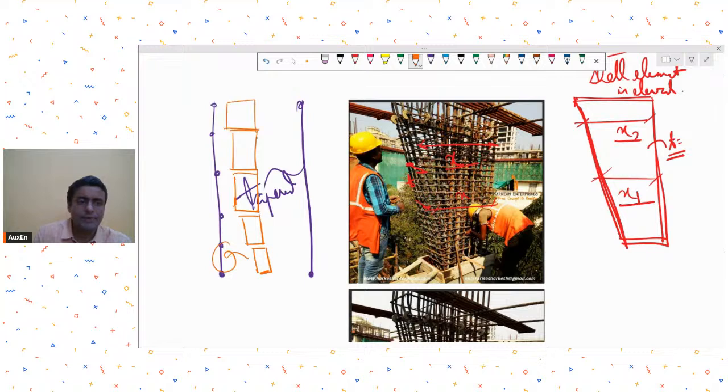Is that clear? So these multiple approaches you can adopt to model such a thing. And then analysis will happen in a regular manner because you have modeled the stiffness and the geometry.